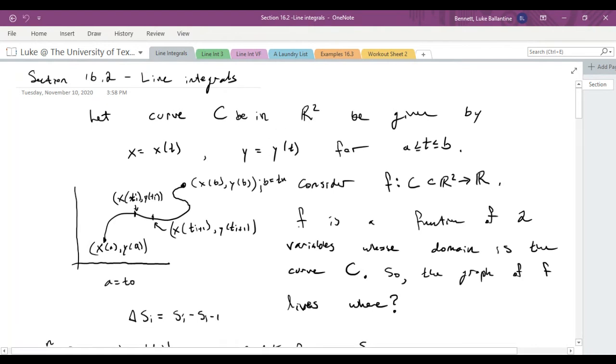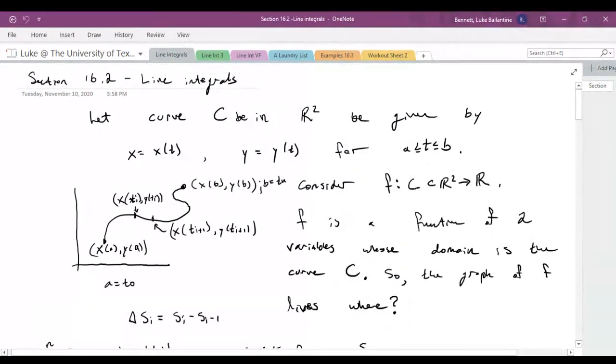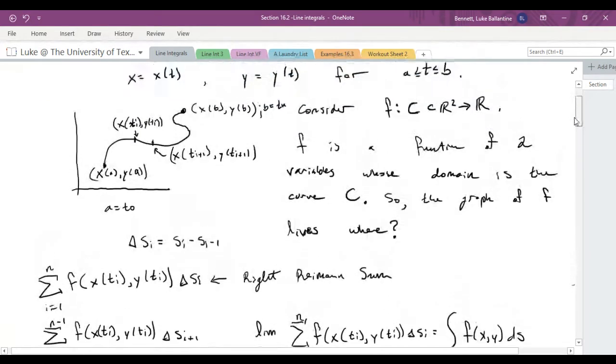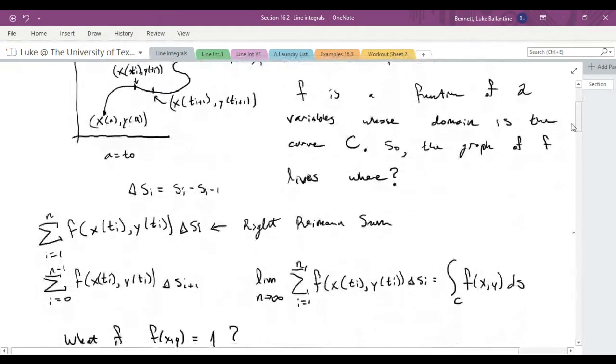If f is a function of two variables, mapping this curve C, a subset of R2, to R, then we have that the graph of f is in R3.